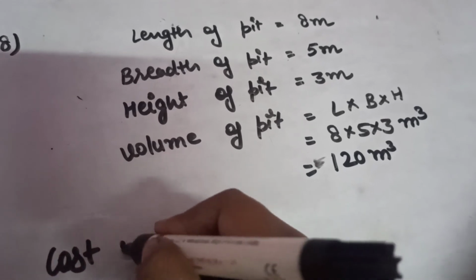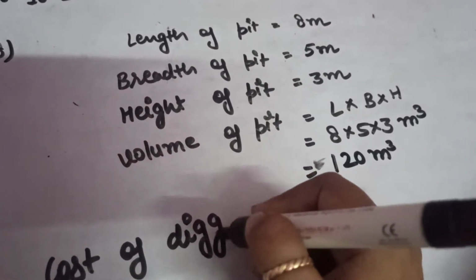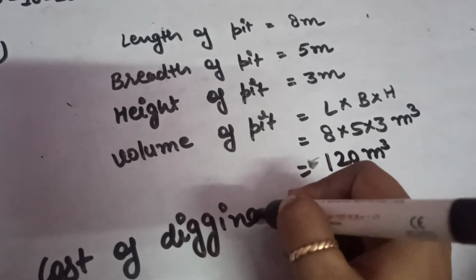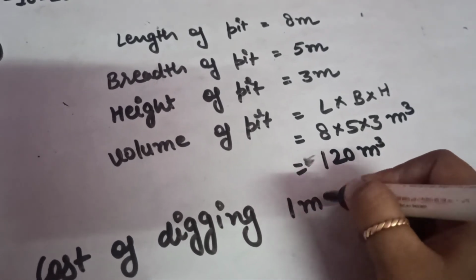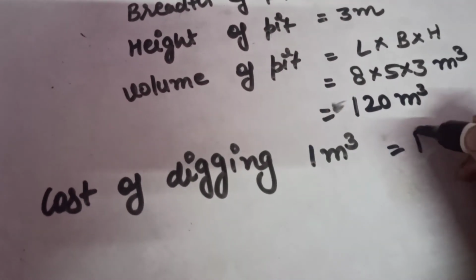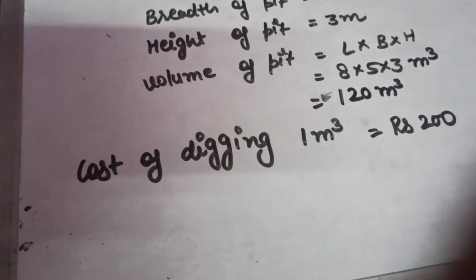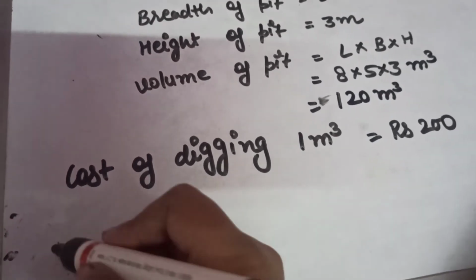Cost of digging 1 meter cube is equal to rupees 200.